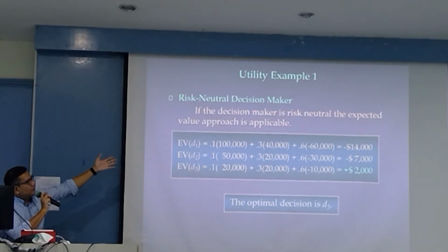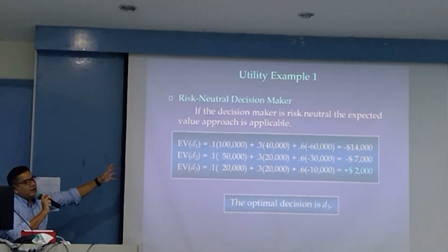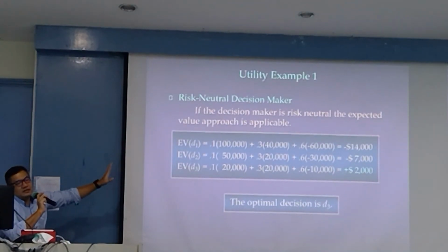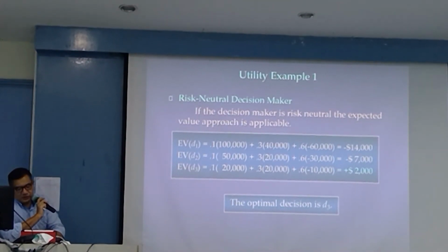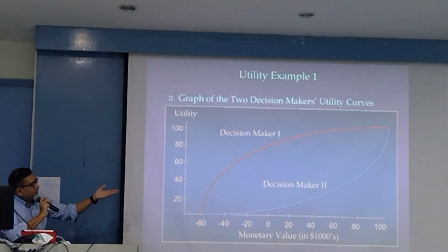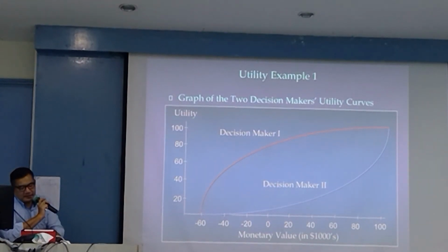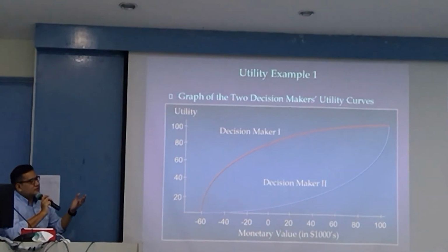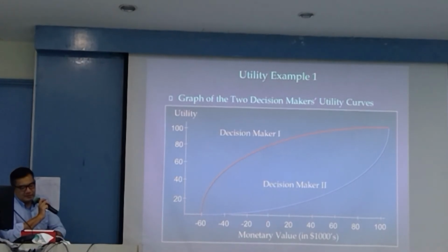This kind of decision maker can apply just EMV, expected monetary value, and make the decision as usual as we studied before. But these two groups, one risk avoider and another risk seeker, are not simple, because they have very different attitudes toward the risk.